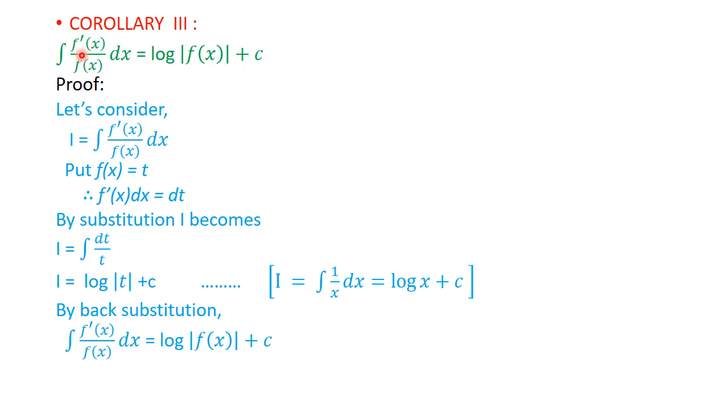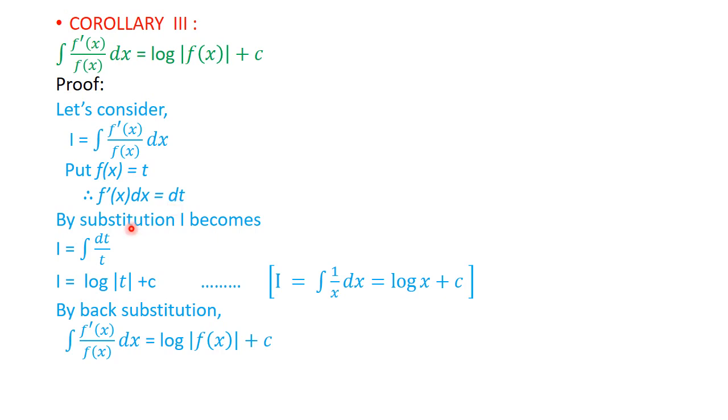So let us see. Consider I is equal to integration of f dash of x by fx dx. Put fx is equal to t as usual. So take its derivative: f dash of x dx is equal to dt.